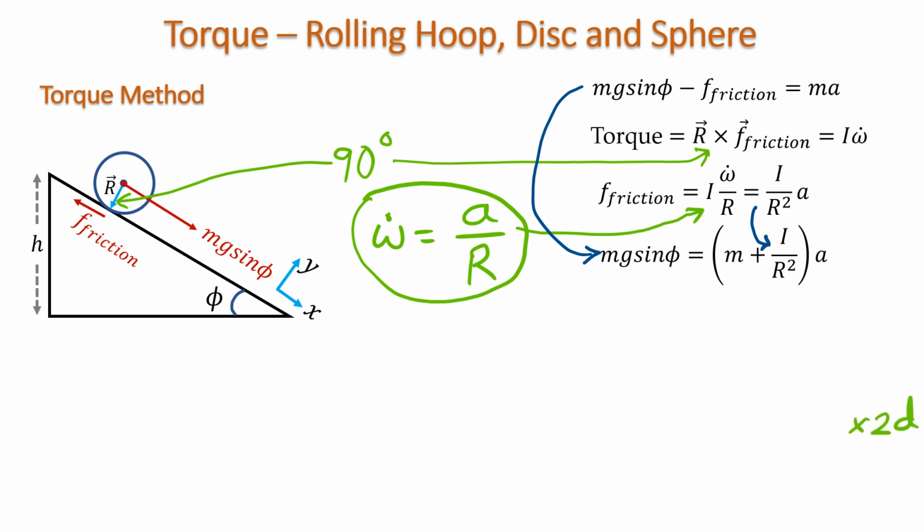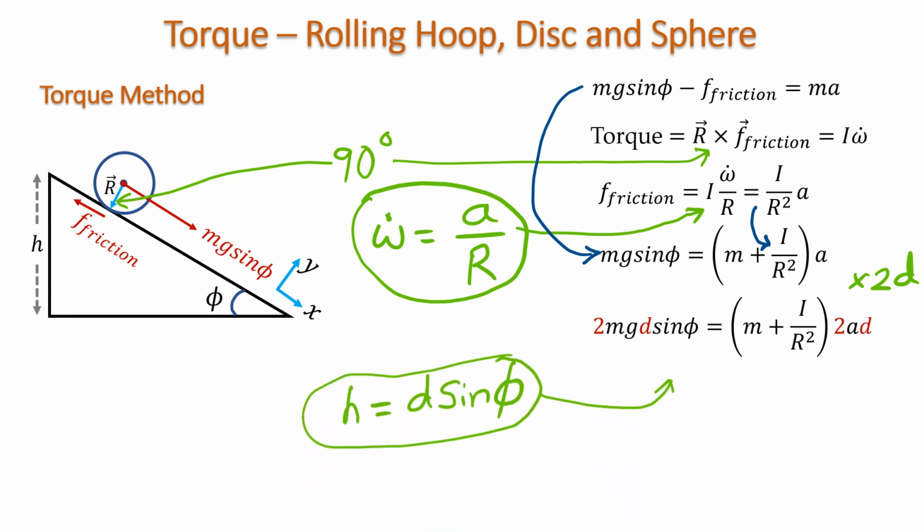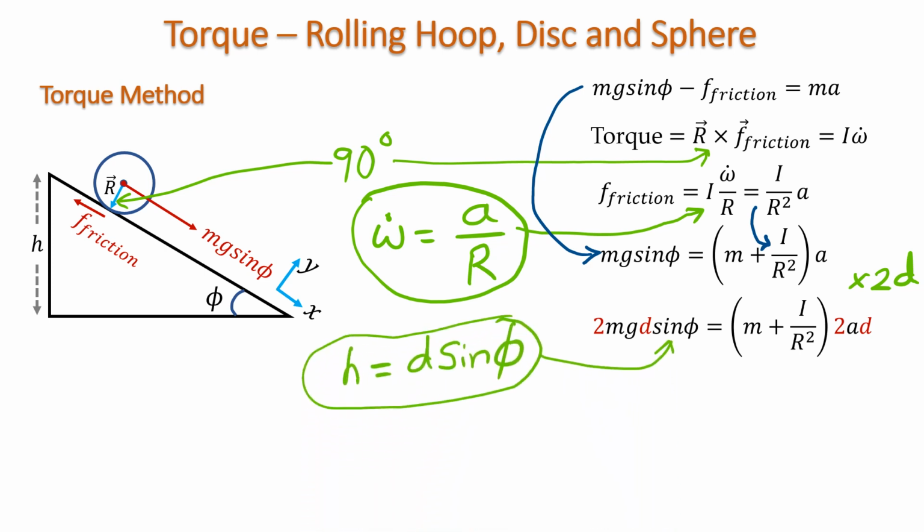Multiply 2 times d both the sides, where d is the distance rolled along the inclined plane. By multiplying 2d, we get this equation. d sine phi is the height h that object has moved vertically.